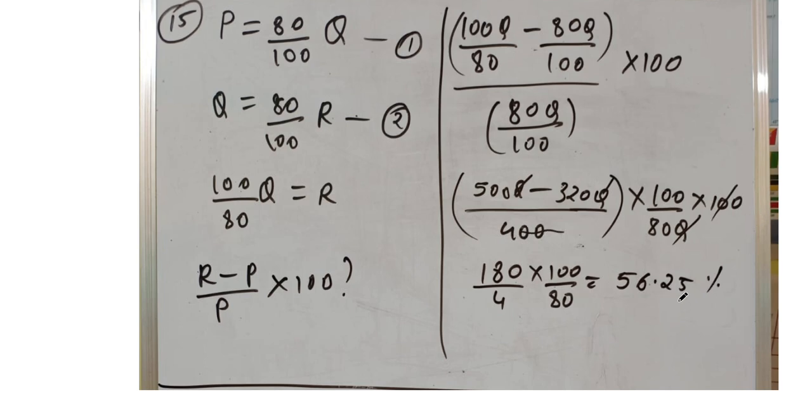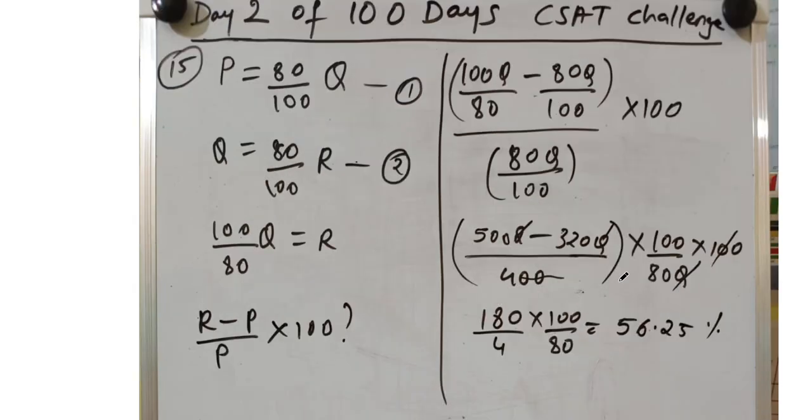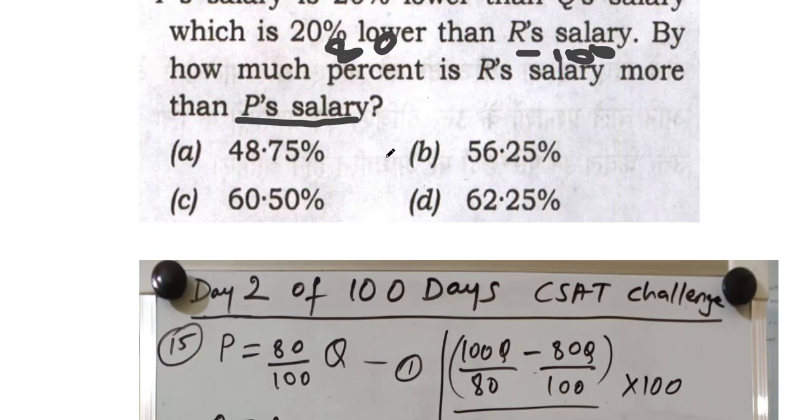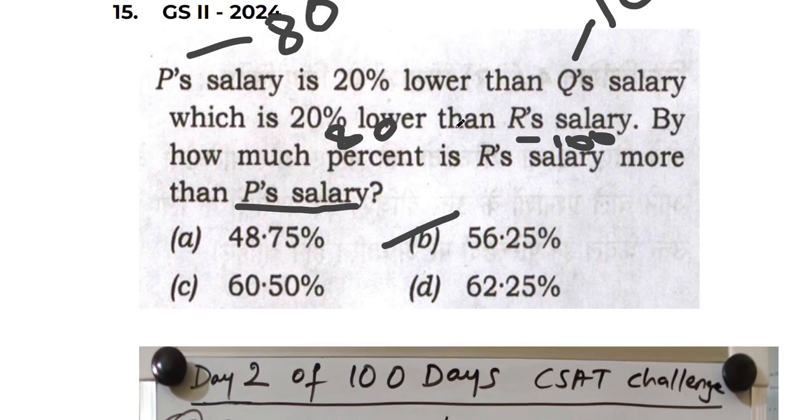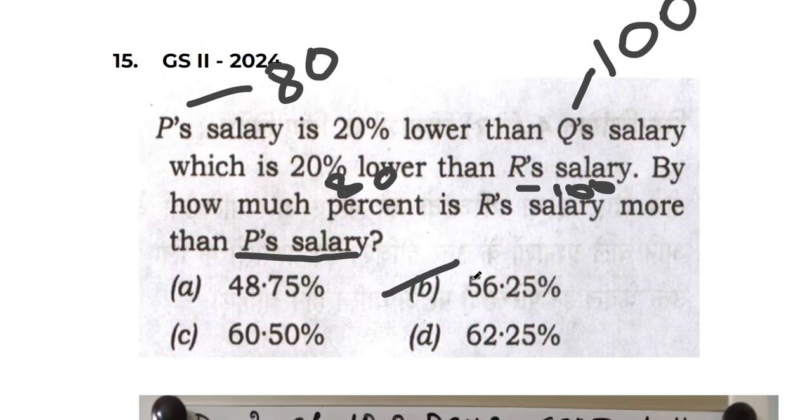When you calculate, you are going to get 56.25%. Okay, 56.25% is the answer. Option B.